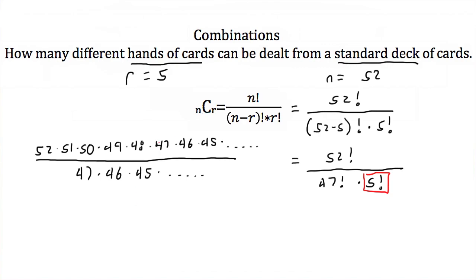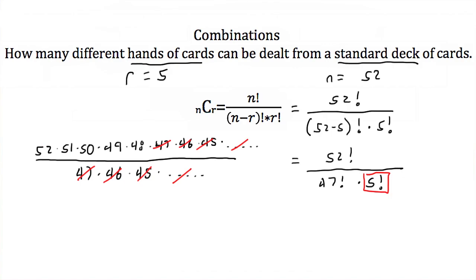Well, if I have a 47 in the numerator and a 47 in the denominator, that means I'm taking 47 and I'm dividing by 47. 47 divided by 47 is 1, so these terms are going to cancel. The same thing is going to happen with the 46 and the 45 and the 44, 43, 42, 41, all the way down to 1. All of those numbers occur in both our numerator and our denominator, so they're all going to cancel out.